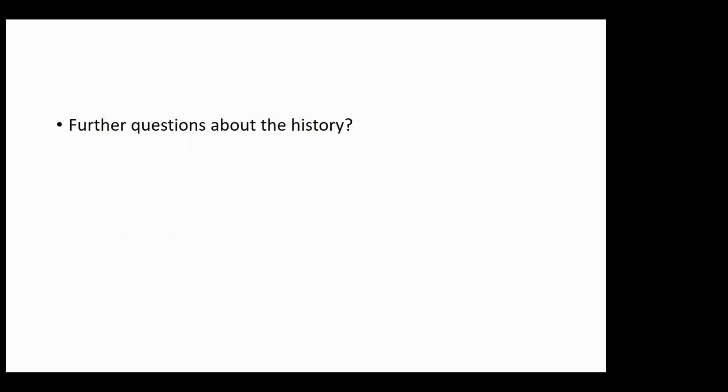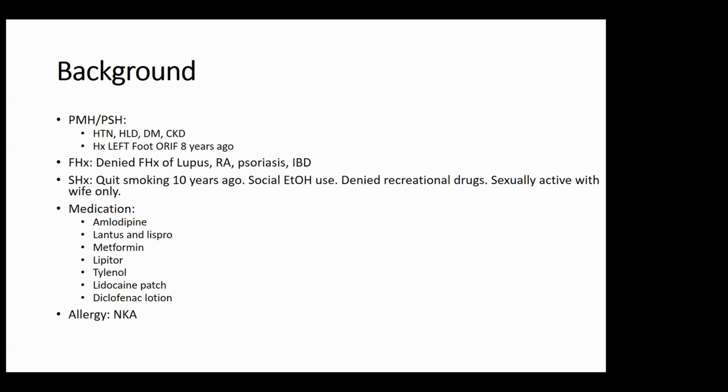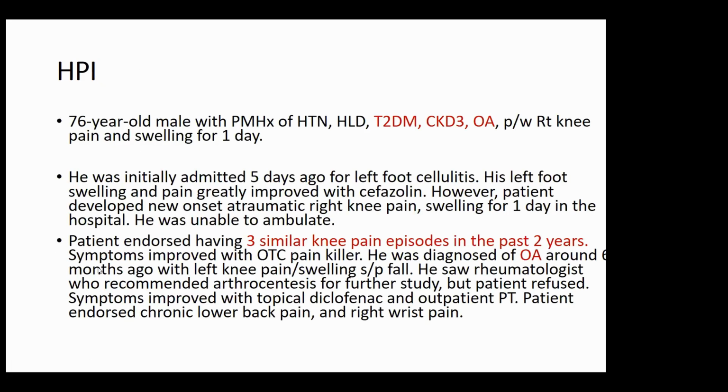Any further question regarding the history before we move to the physical examination? He wants to go back to the wrist pain. Is it associated with the outpatient diagnosis of osteoarthritis, or did this happen more recently?